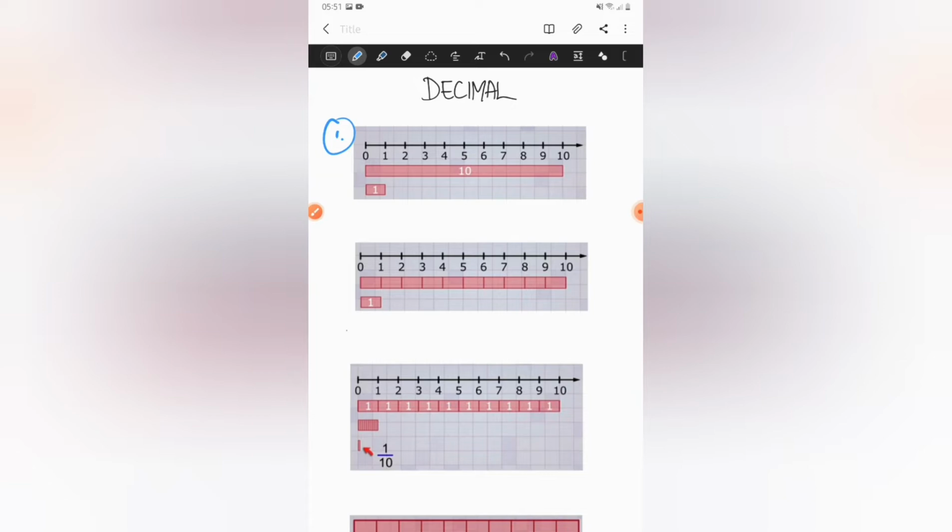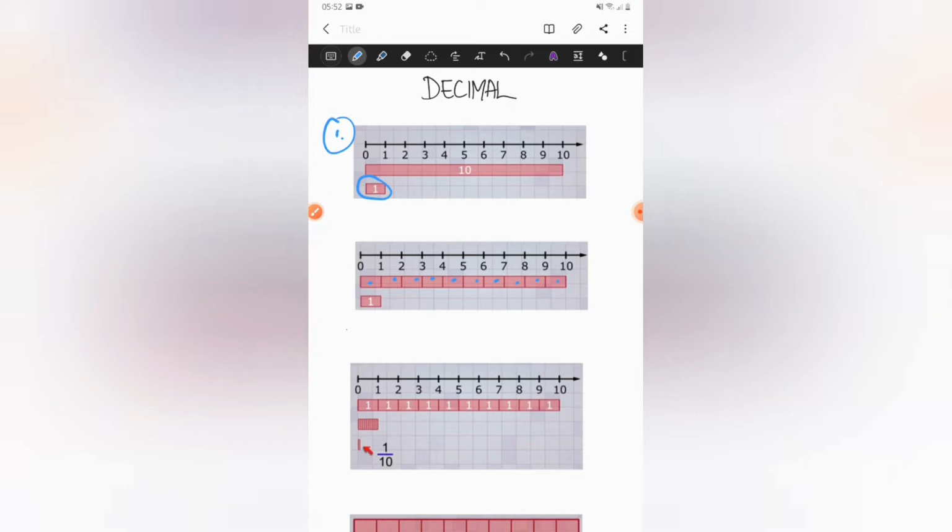We can see this is 10 blocks, and with those 10 blocks we can take one piece, this one, and then we can make the same pieces like one, so we have 10 pieces of one there. So there 1, 2, 3, 4, 5, 6, 7, 8, 9, 10. This is the whole numbers that you already understand.